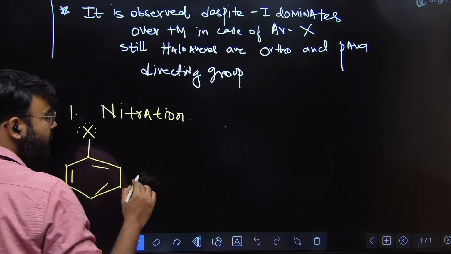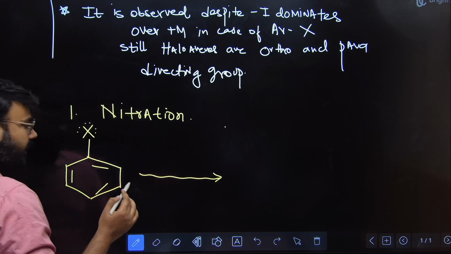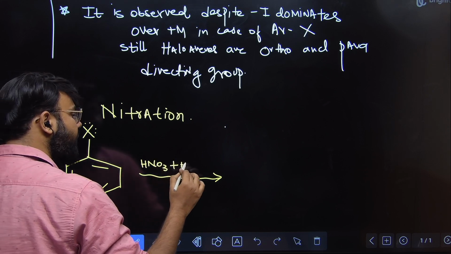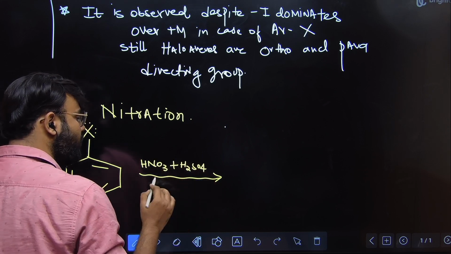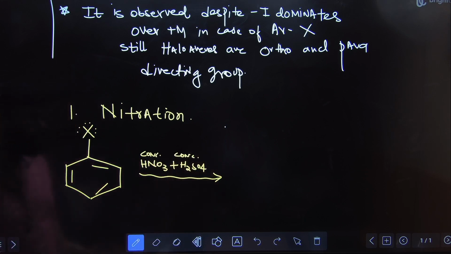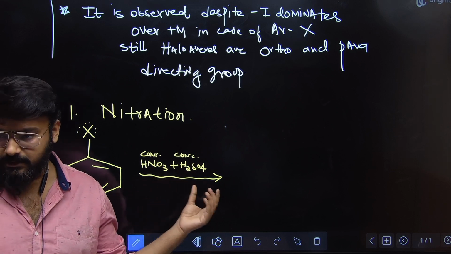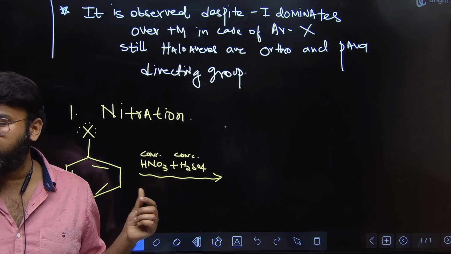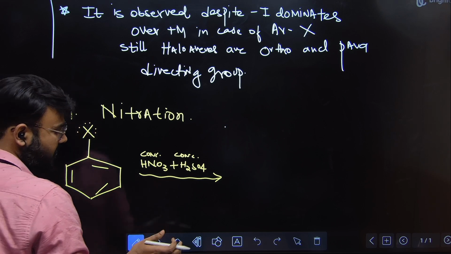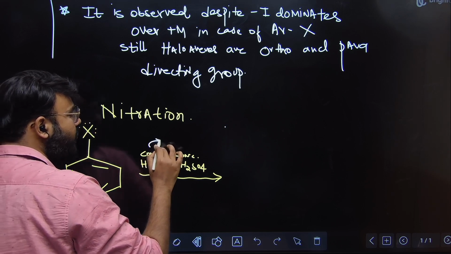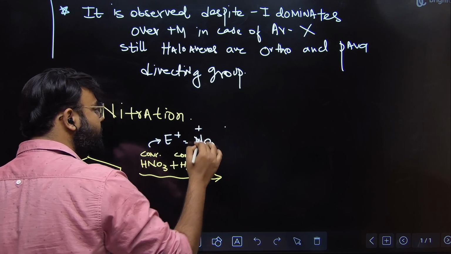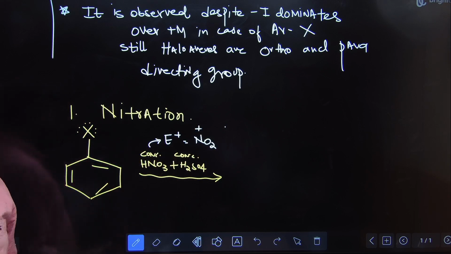What is the reagent you will use? The reagent you will use is HNO3 plus H2SO4 conc. So guys, you will be using these two acids, sulfuric acid and nitric acid, for nitration. Now, from these reagents, you know what electrophile you will develop? You will get NO2 plus. This is your electrophile. Got it?